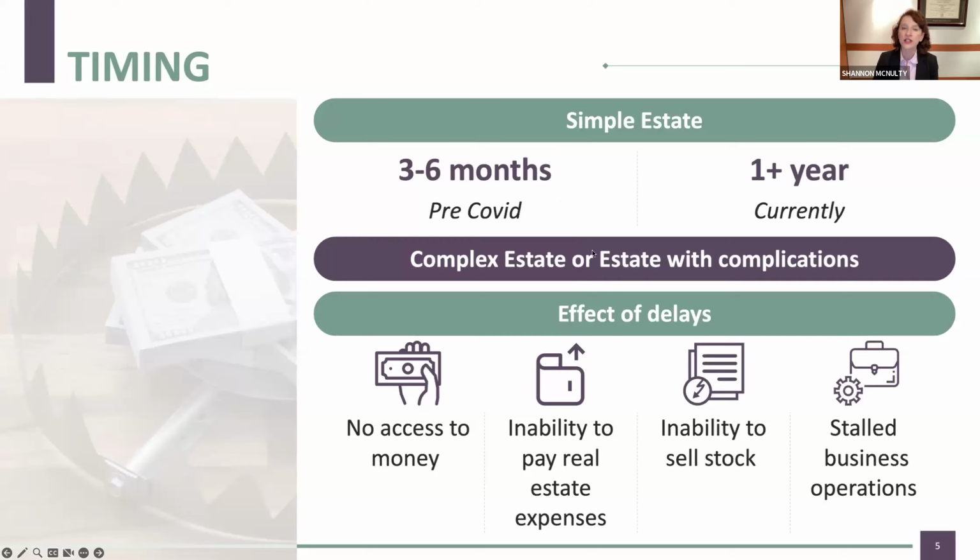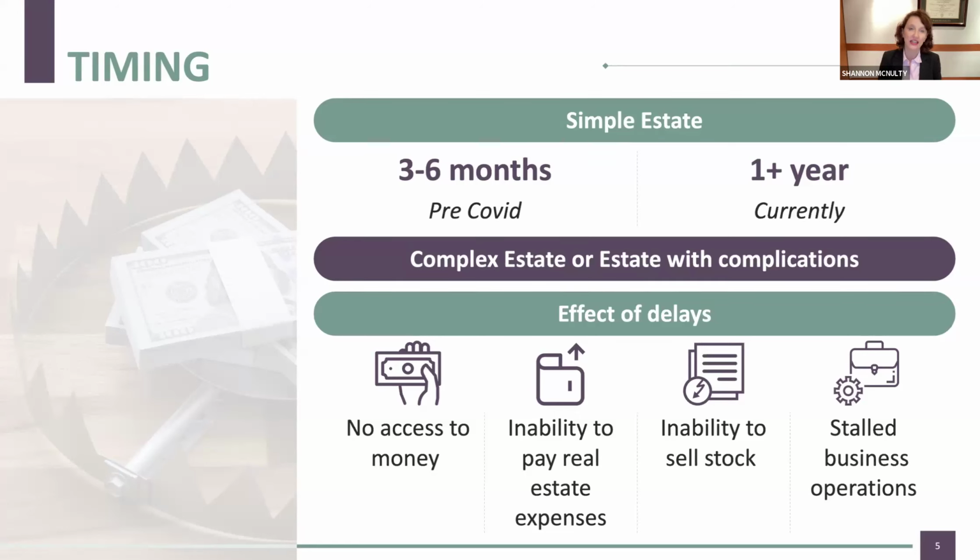So, we talked about how long this process takes. Before COVID, the big issue, if there are no complications, was just getting the letters of administration or the letters testamentary from the time that we filed the petition.